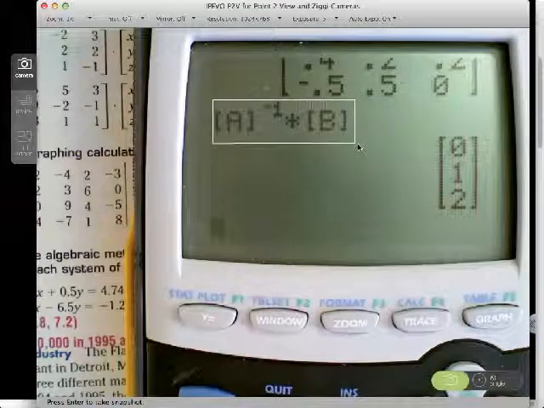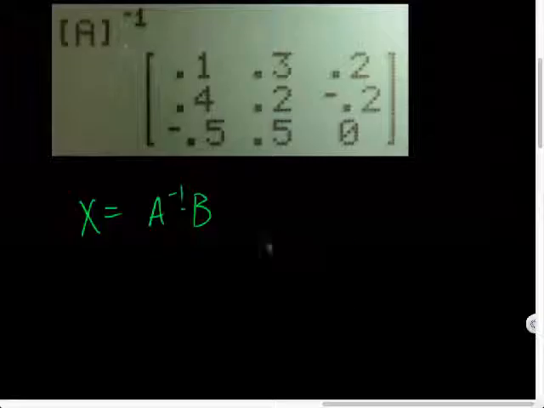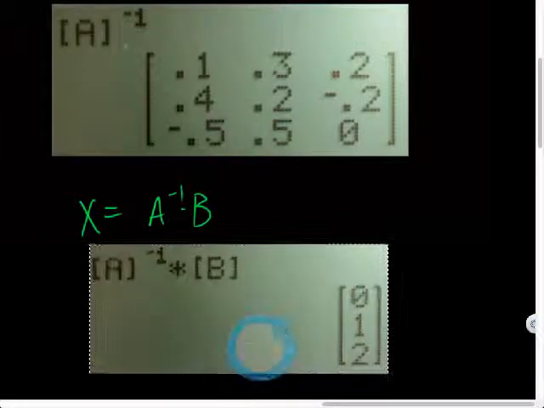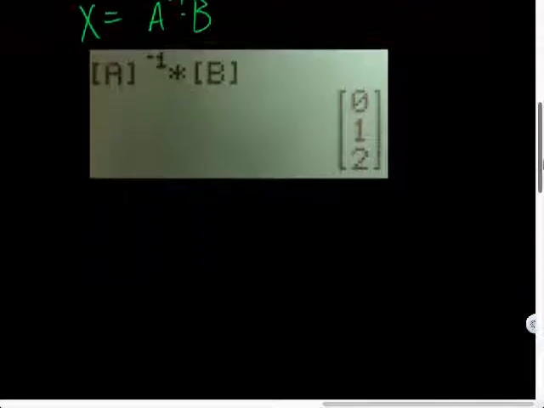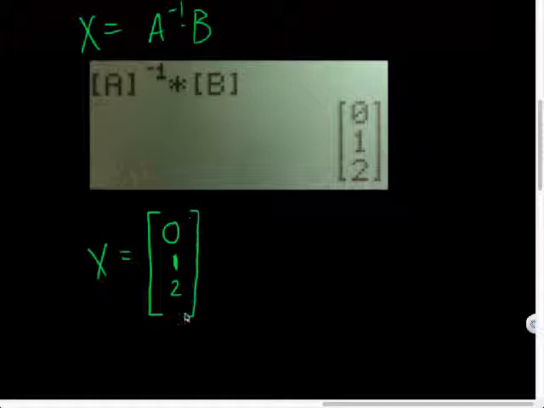behold! Wow. Amazing. Is it not? So that means that X is equal to the matrix 0, 1, 2. Very creative numbers apparently that I've selected for us.